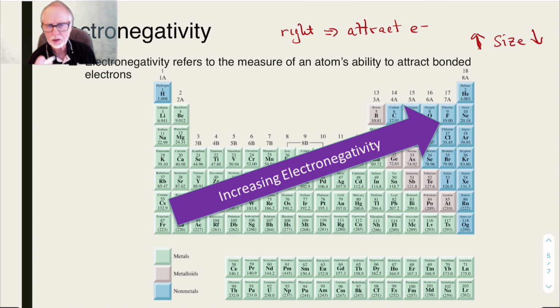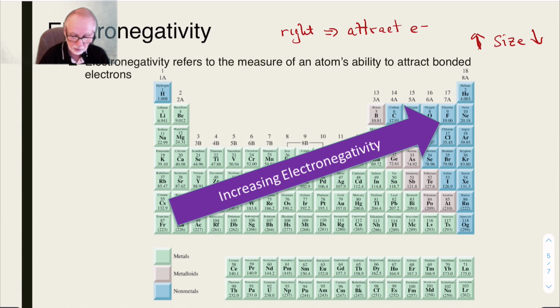So the smaller, more compact atoms have a stronger attraction for electrons because simply they get closer to the positively charged nucleus. I hope that makes sense. So we see this trend as you move to the right and up, we're going to have an increased electronegativity. And again, fluorine is the greatest electronegativity.